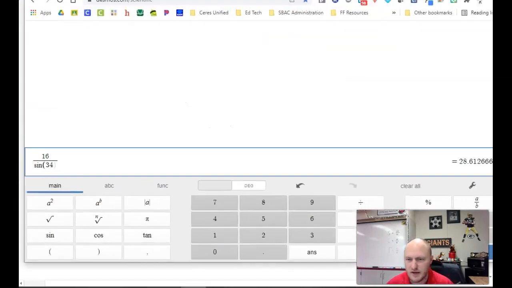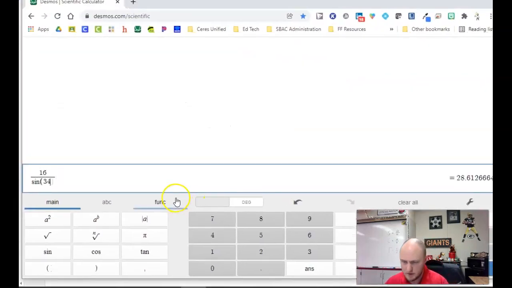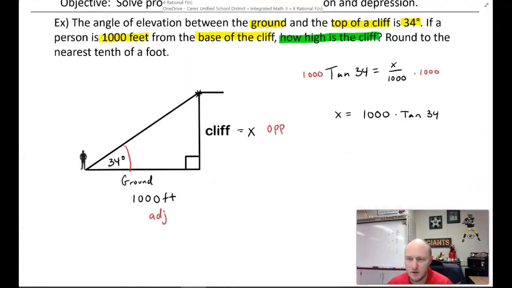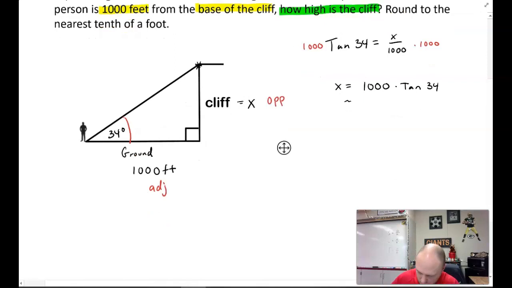So we need to compute this. 1,000 times tan of 34. We get approximately 674.5, and this is in feet.